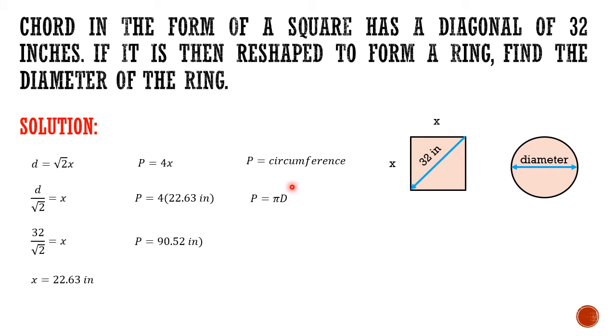Tapos, para makuha natin yung diameter, i-divide lang natin si pi dito kay perimeter. So, diameter is equal to 90.52 inches all over pi and we'll have 28.81 inches as our diameter ng ring.